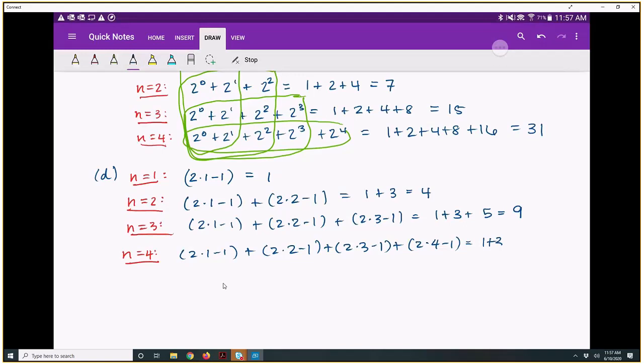That's 1 plus 3 plus 5 plus 7, which is 16. And again, just as in example C, you can see that each of the successive sums that we computed contains, if you will, the previous sum, and then we're just adding another term.